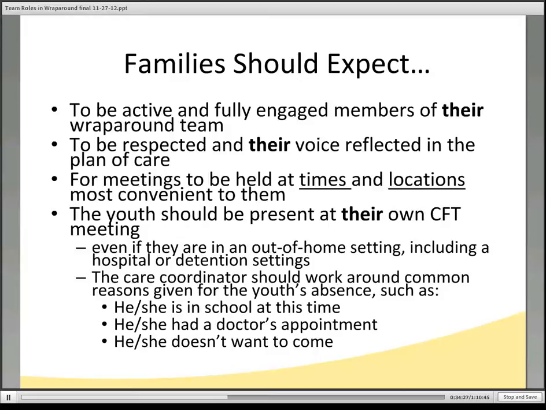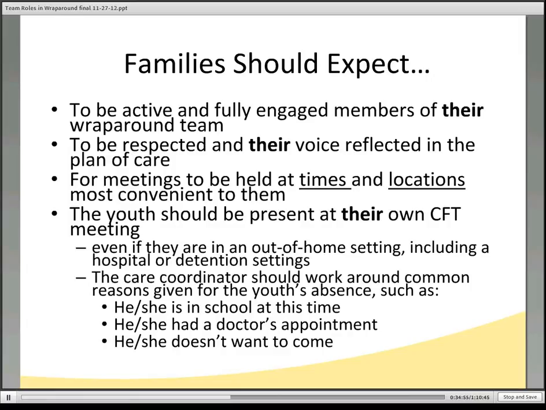So often we see wraparound teams being held in business offices or traditional categorical service type arrangements rather than really being held out in families' communities at their home, ideally, and if that can't work, at some place in their community that will work and allow them to be able to be present.